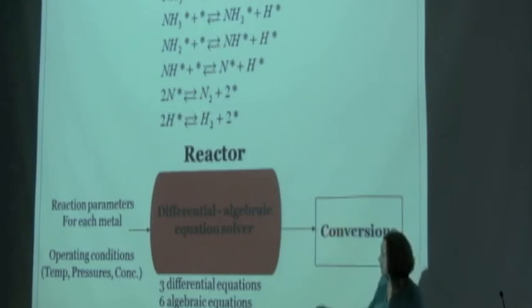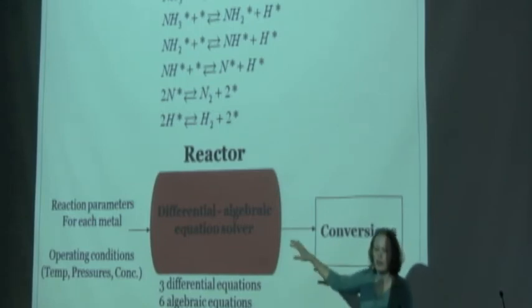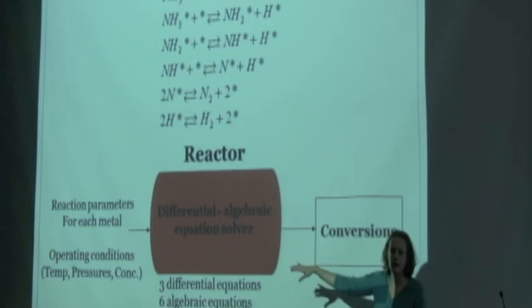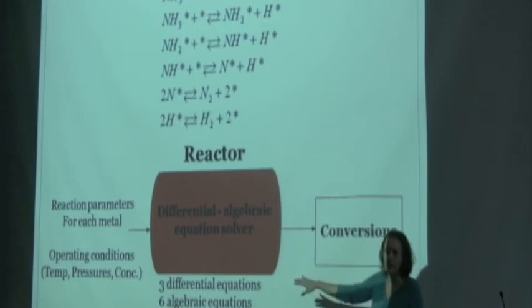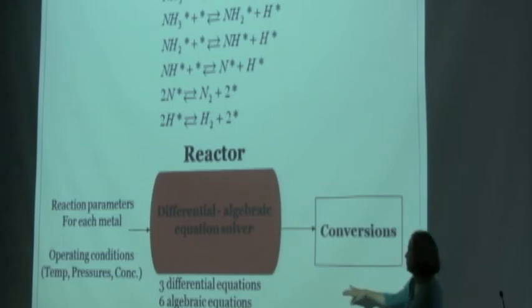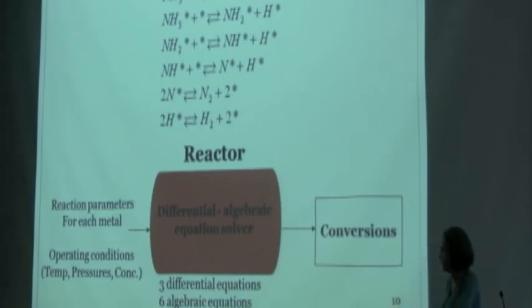And so we set up our differential equations and algebraic equations, and we also add the different activation barriers, which are parameters in the equations, and we add operating conditions, and we solve the differential equations and algebraic equations in order to get conversions. So how fast the reaction happens, we can get reaction rates out of our reactor.